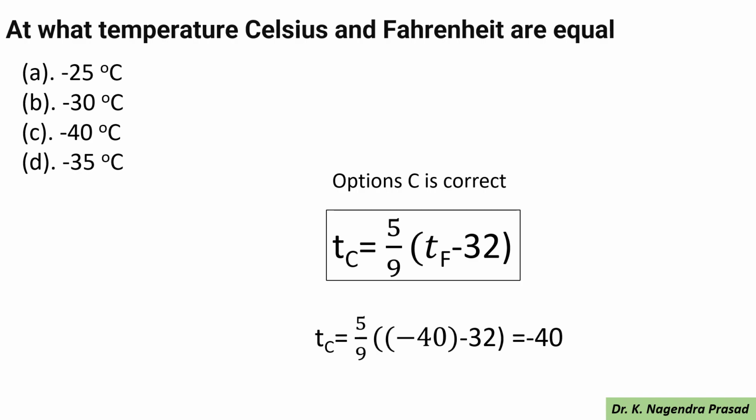So Tc equals 5 by 9 times minus 72, which is equal to 5 times minus 8, which is equal to minus 40. So here we considered the Fahrenheit temperature as minus 40, and the temperature on Celsius also came out the same, minus 40. So option C is correct.